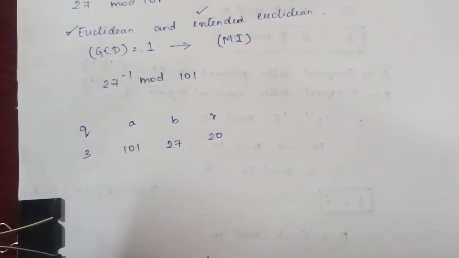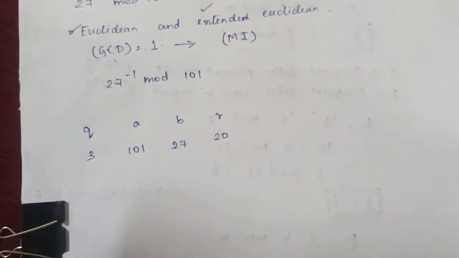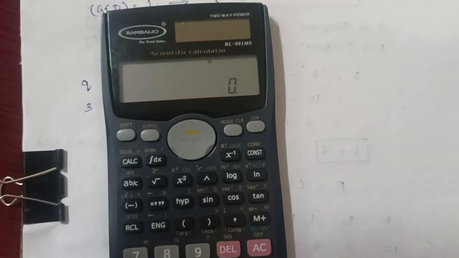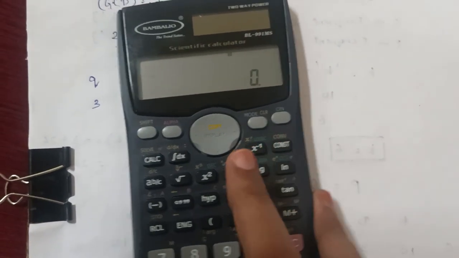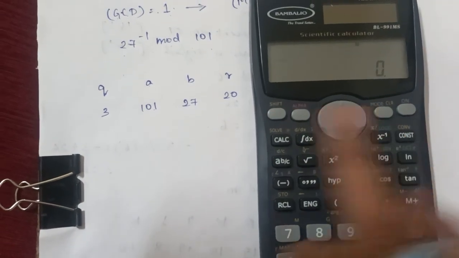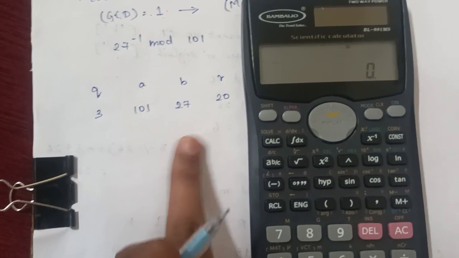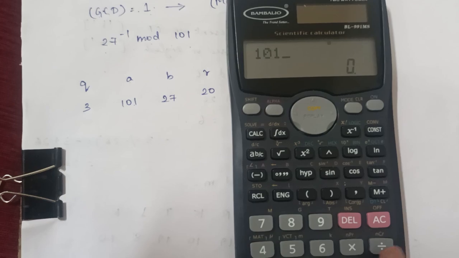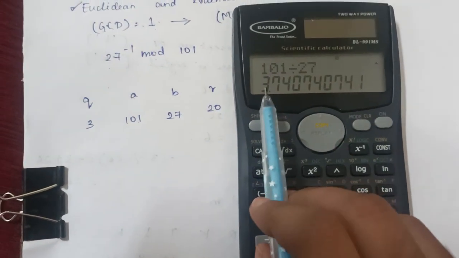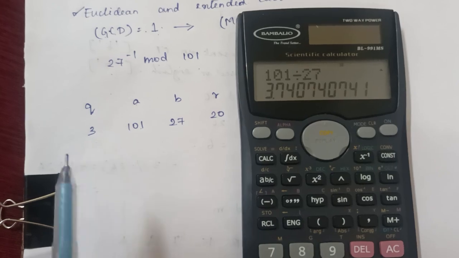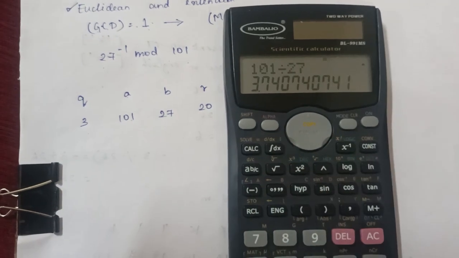I'll tell you a simple trick in a scientific calculator to find the quotient and remainder. Here I just need to divide 101 by 27. So the quotient is 3, which is very easy to write down. But how to find the remainder? It's very simple.